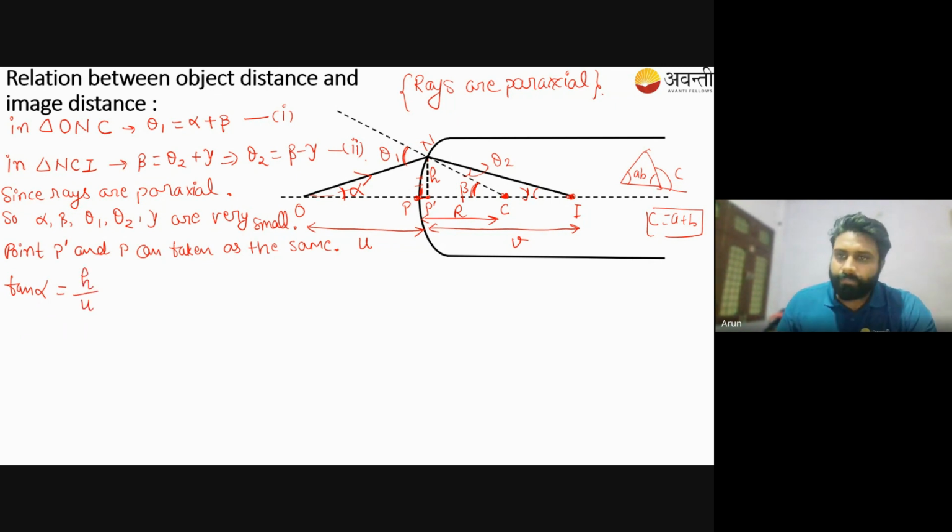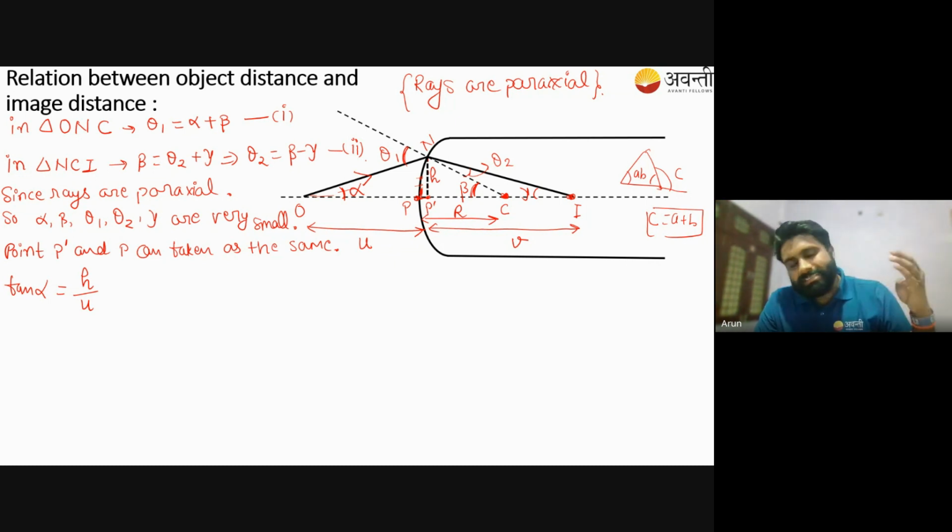Tell me, plus U or minus U? It should be minus U. Why? Because we are measuring this distance in the direction opposite to the incident ray. Have you remembered the sign convention that I have told you?